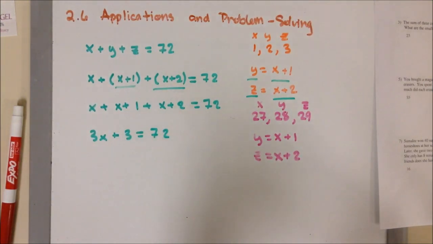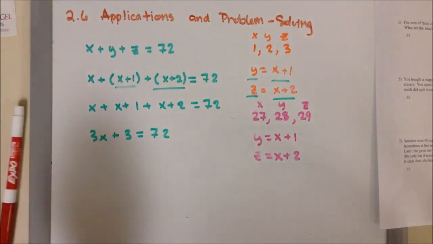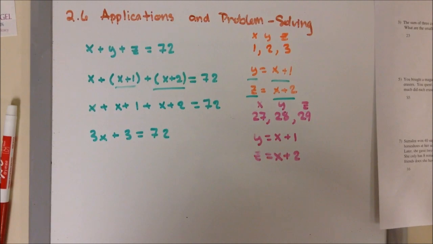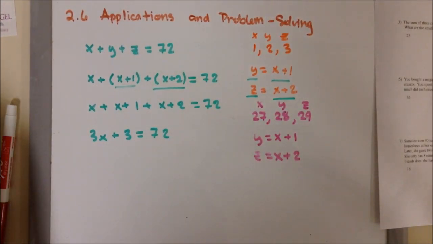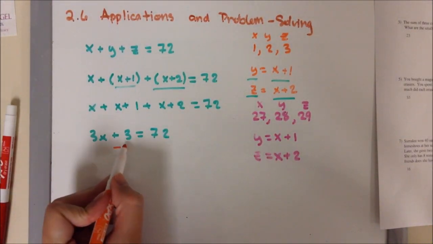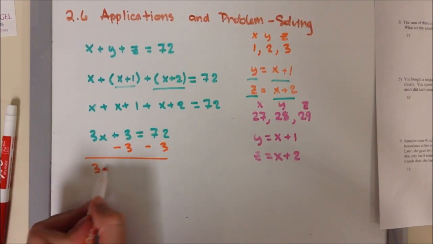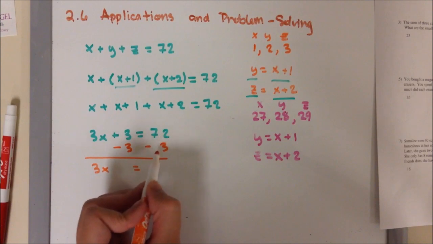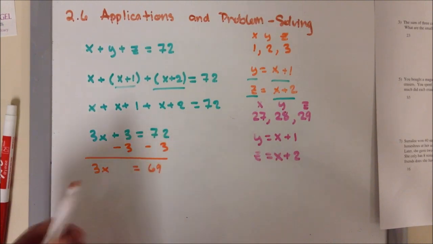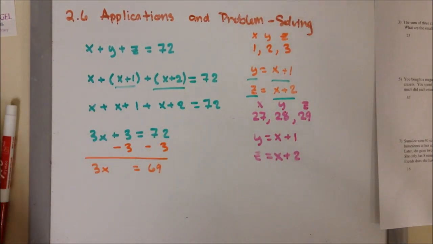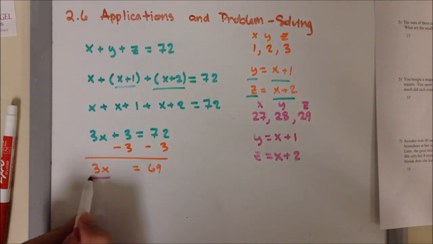So there's our equation. Now I want to cancel out the plus 3, so minus 3 on the left, minus 3 on the right. So 3x equals 72 minus 3, which is 69. Then I'm going to divide by 3.